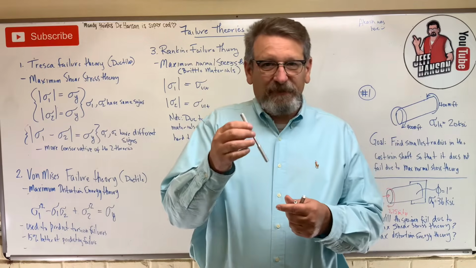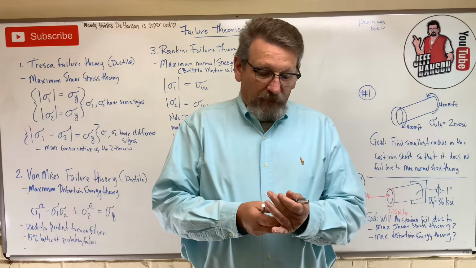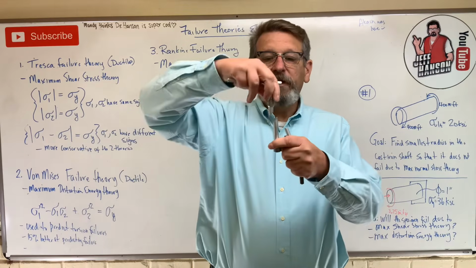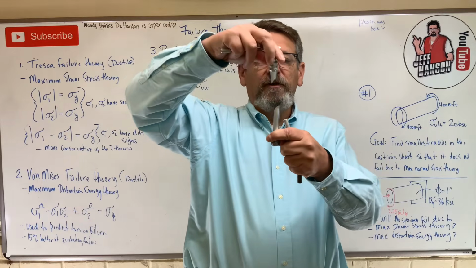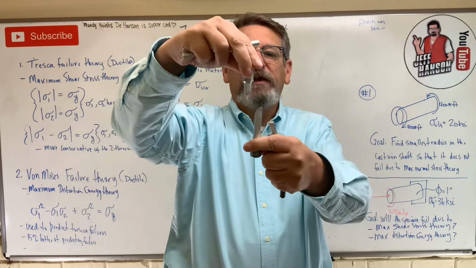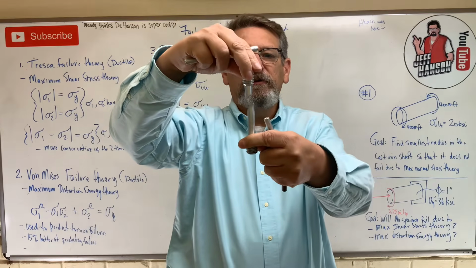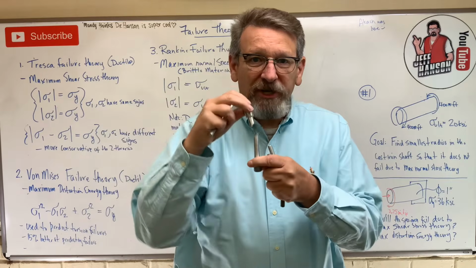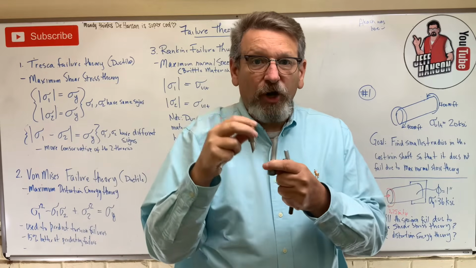Now when these specimens do fail, remember, you have a couple of things. Typically, brittle materials, when they fail, will fail on a 45-degree angle plane. Look at that, 45 degrees, right? That's from shear. Where does shear maximum occur?